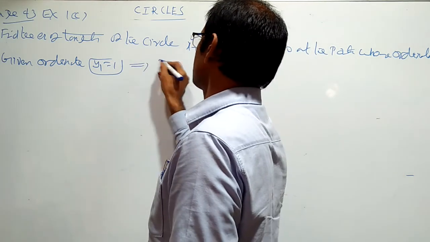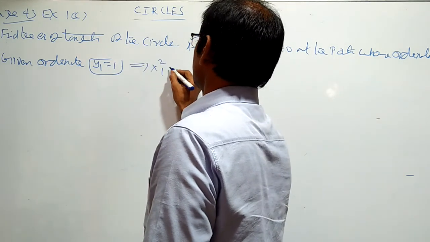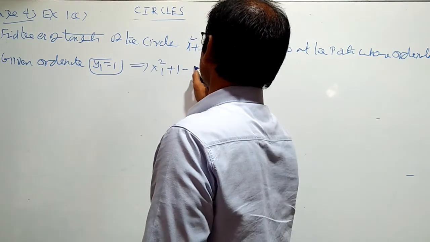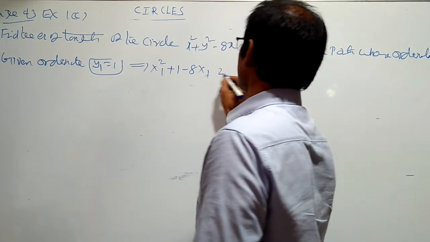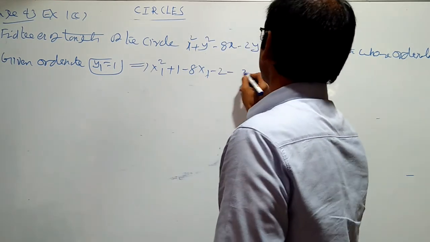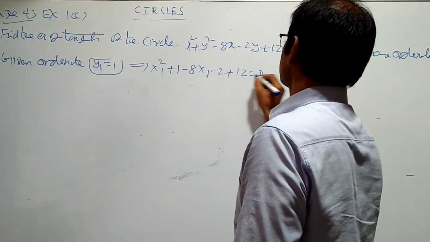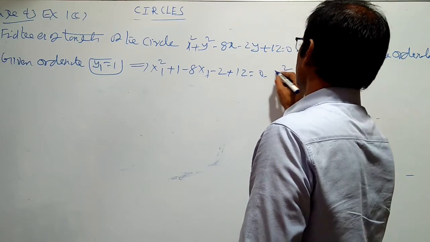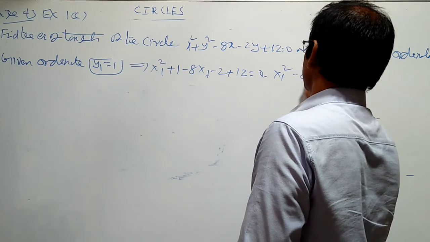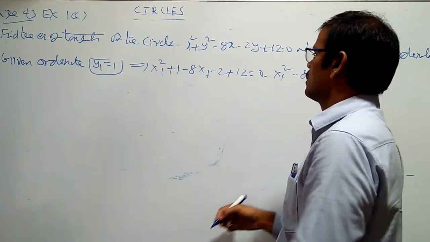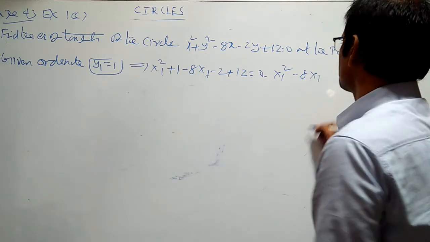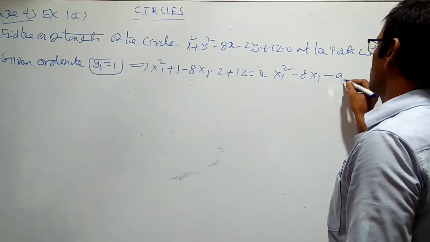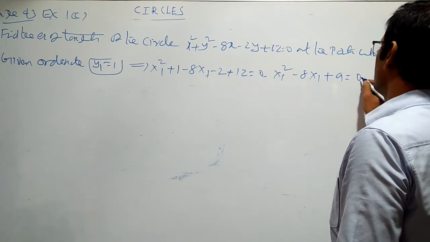That implies, here you can write x1 square plus 1 minus 8x1 minus 2 plus 12 equal to 0. So x1 square minus 8x1, 13 minus 2 is 9, plus 9 equal to 0.